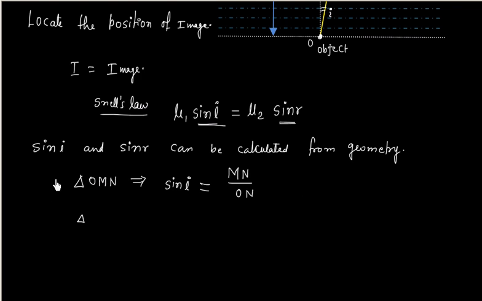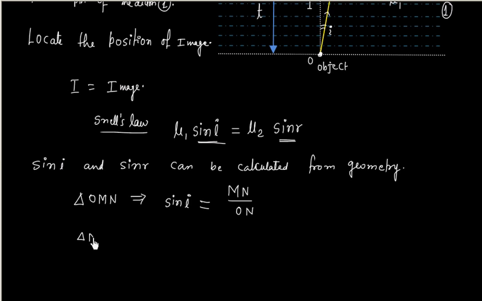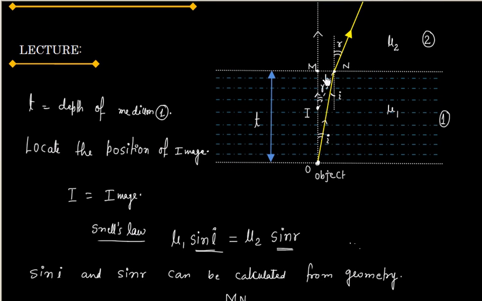Similarly, in triangle MNI, sin R is equal to MN divided by IN.